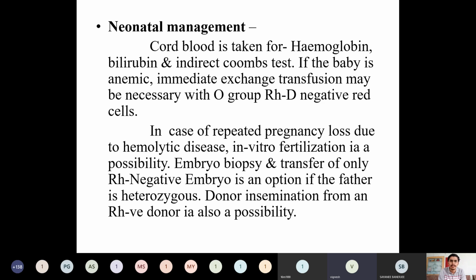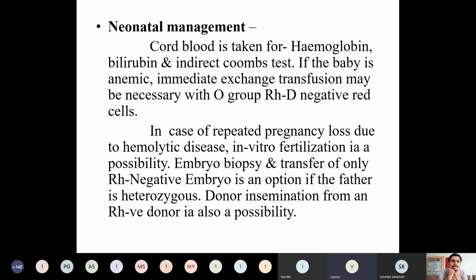In case of repeated pregnancy loss due to hemolytic disease, what do you do? You plan for in vitro fertilization in the future. You can also think of embryo biopsy and transfer of only Rh negative embryos. That is an option if the father is heterozygous.